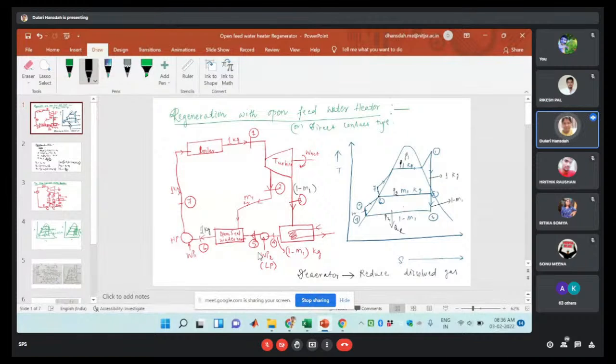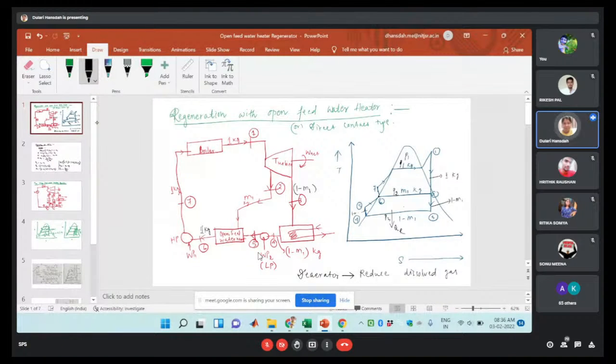So thermal efficiency will improve, because in this case we are minimizing the fuel supply to the furnace. But the drawback is that the work output will be reduced. Specific work output of the turbine will be reduced, and to achieve that specific work output, we have to give more steam into the turbine.